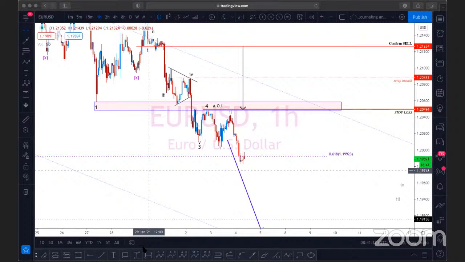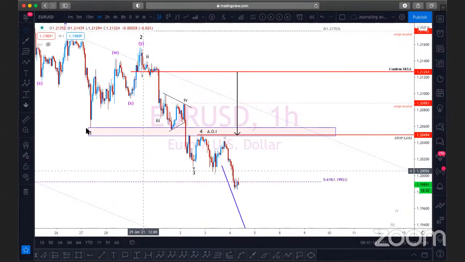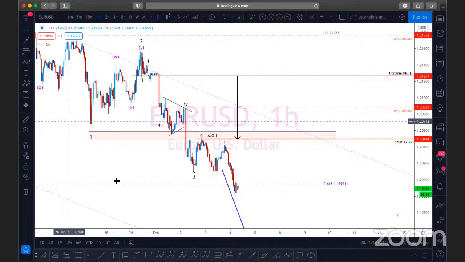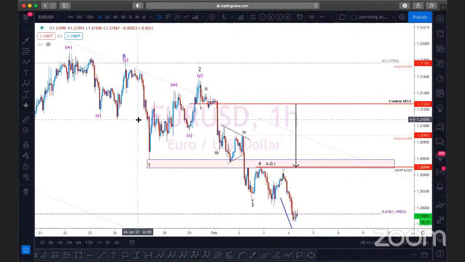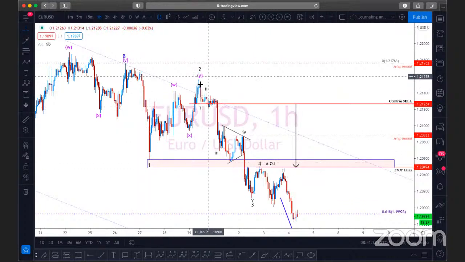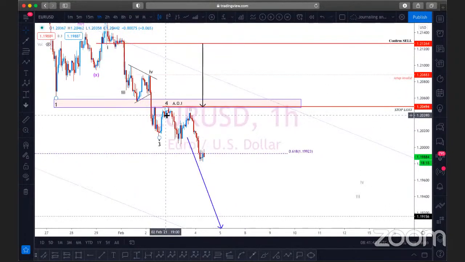What we're looking at now, based on the current market price action, is that we have potentially completed, we're looking at completing wave C. We have B wave done, and C wave generally unfolds in what? 5-wave market structure. So we have wave 1, wave 2, wave 3. We have wave 4 coming in here, not entering the territory of wave 1.